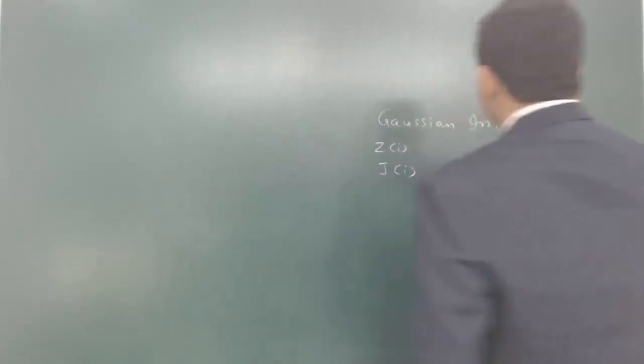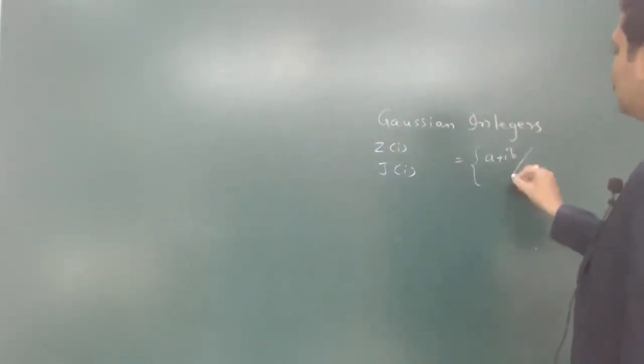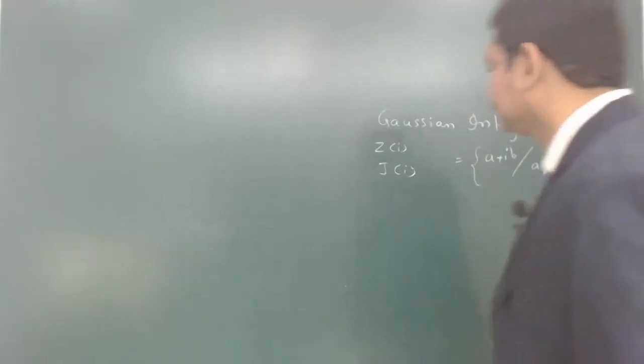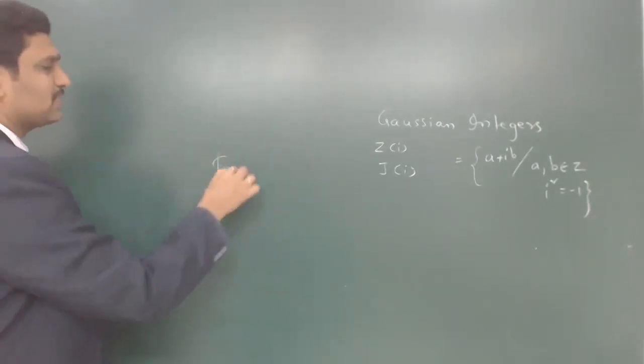It is defined as the set of all a plus ib such that a, b are integers and i square equal to -1. This set we call Gaussian integers. You can simply understand that it is a subset of the complex number system.